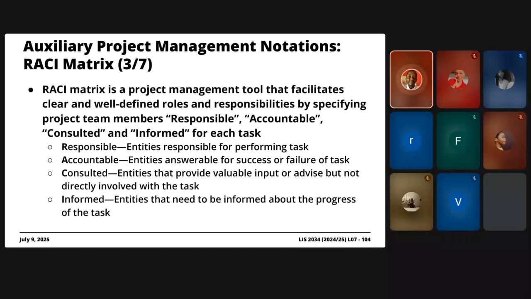Accountable means that when you tag an individual as being accountable, what you're saying is they're the ones who are going to be answerable for any success or failure of that task.